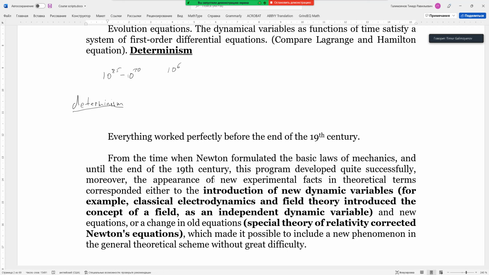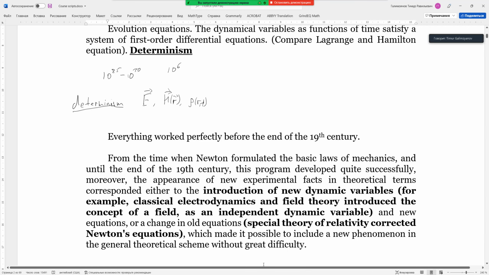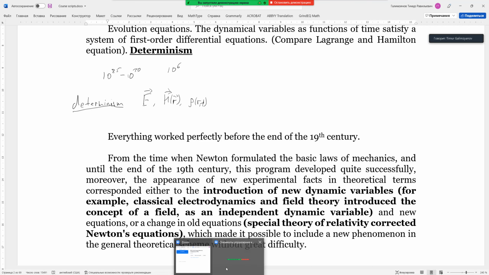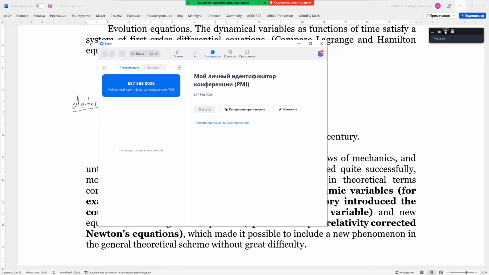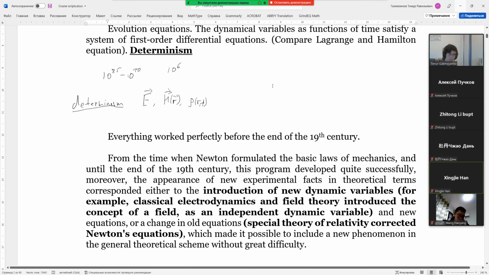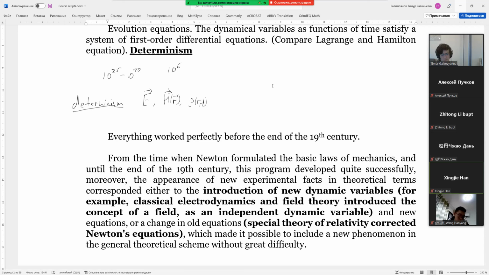They kept this dogma, but they introduced new dynamical variables, which for electromagnetic waves are the distribution of the electric and magnetic fields in space, and the distribution of the charges, as functions of r and t. So if you know the initial distribution of the charges and the electromagnetic fields, you can precisely describe how the electromagnetic fields and the charges will behave at any moment in the future, including in a billion years.